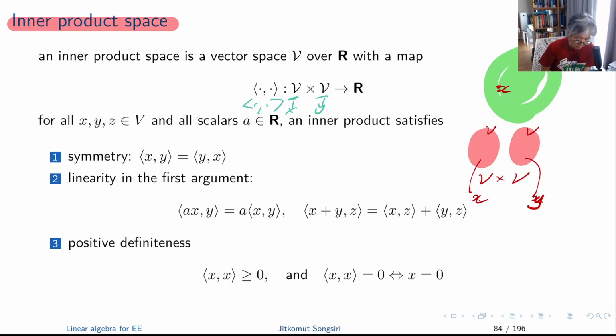Secondly, this inner product has the linear property in the first argument, which means if you scale the first argument by a factor of a, it's the same as the inner product between x and y scaled by the factor a. Inner product of x plus y with z, you can distribute in the first argument. These two conditions can be wrapped up in a single condition. It is this.